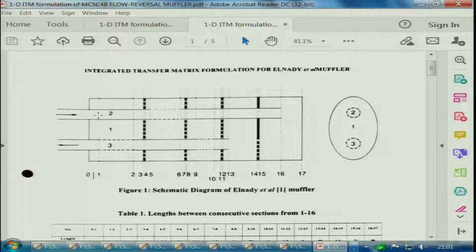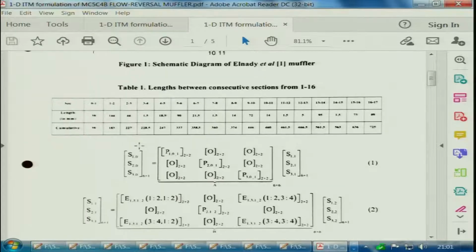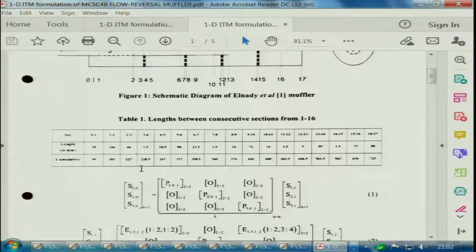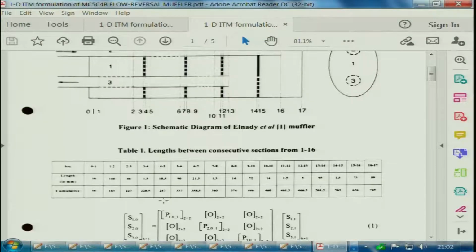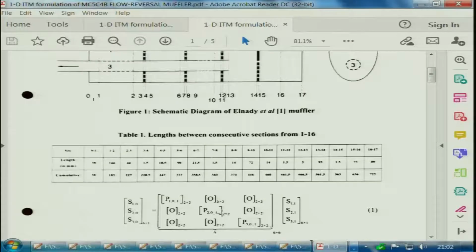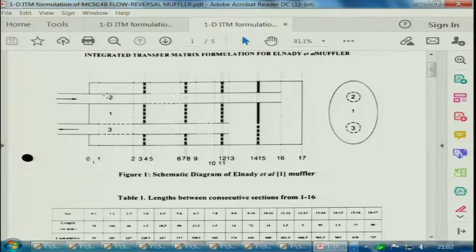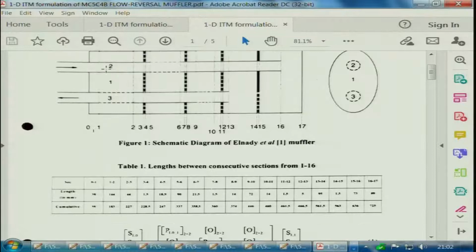So, it writes things something like this. S1 is a state variable comprising P1 and V1, S2 comprises P2 and V2, S3 comprises P3 and V3, and the 0 means the null matrix, and the P matrix is the transfer matrix in this region.